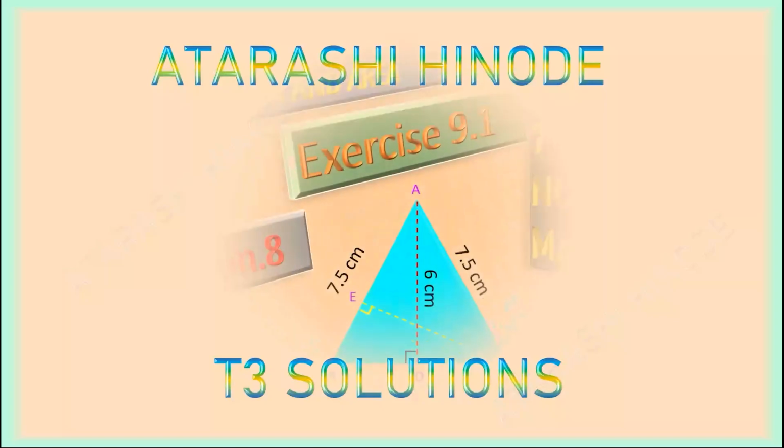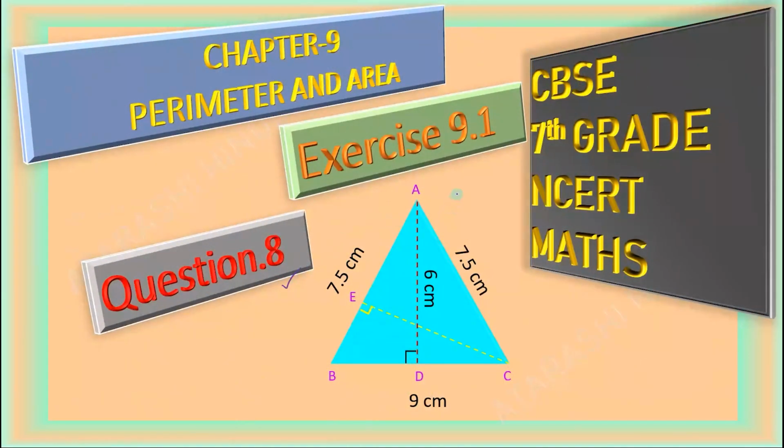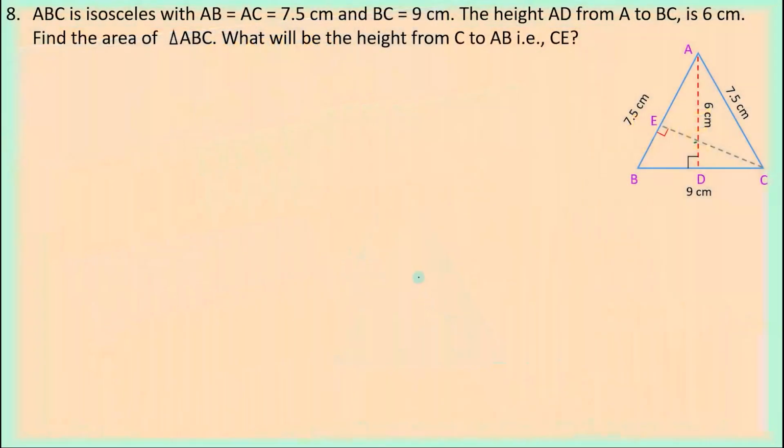Today we are going to do the 8th question of exercise 9.1, 7th grade CBSE NCERT Maths. Here ABC is an isosceles triangle. That means two of its sides will be equal.